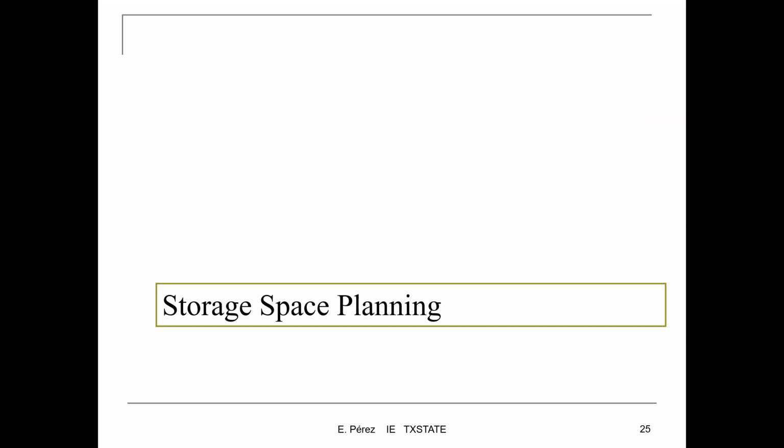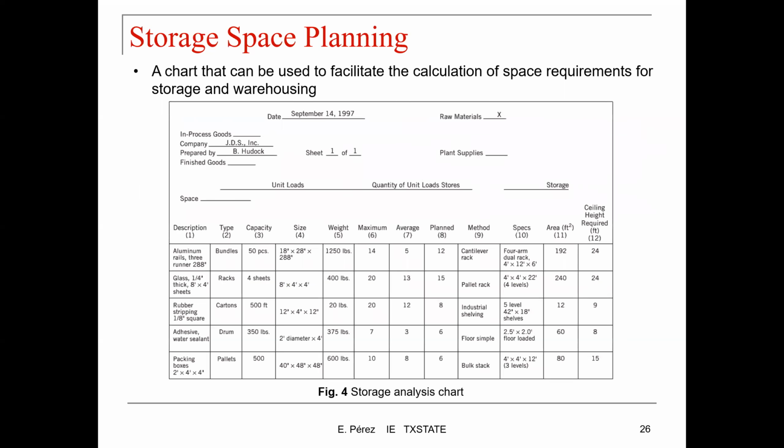Now let's talk about storage space planning. A chart that can be used to facilitate the calculation of space requirements for storage and warehousing is the storage analysis chart. As you can see here, the information includes the date, the type of product, such as raw materials or plant supplies, the company, and who prepared the form.